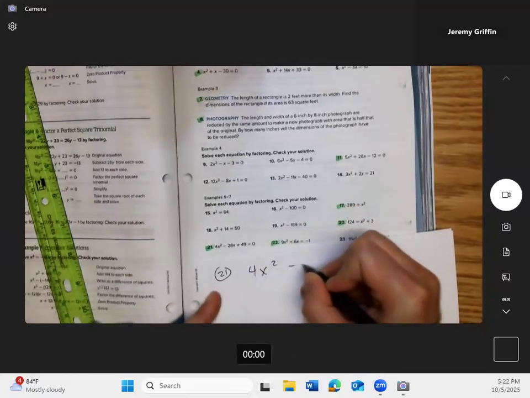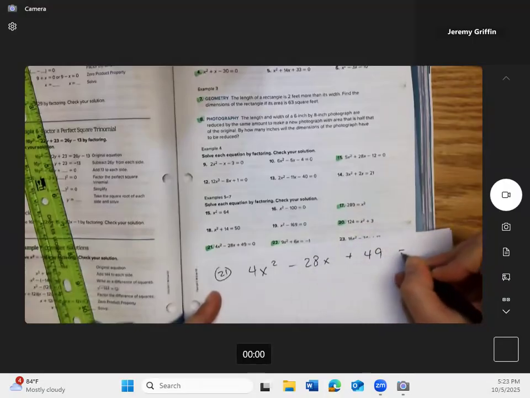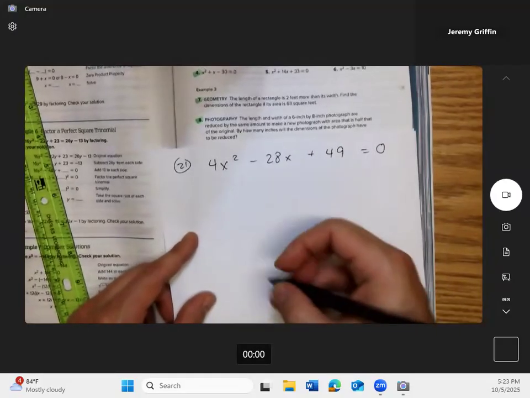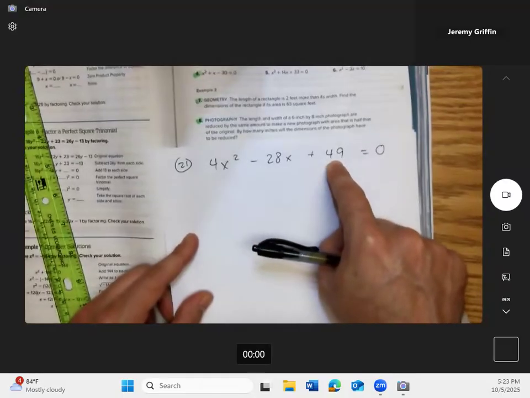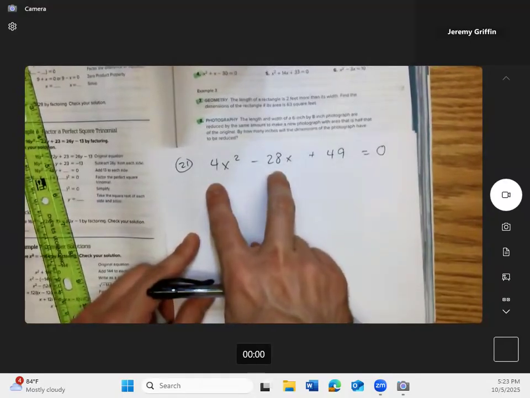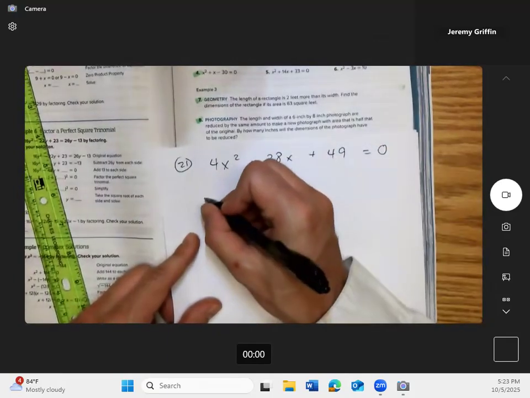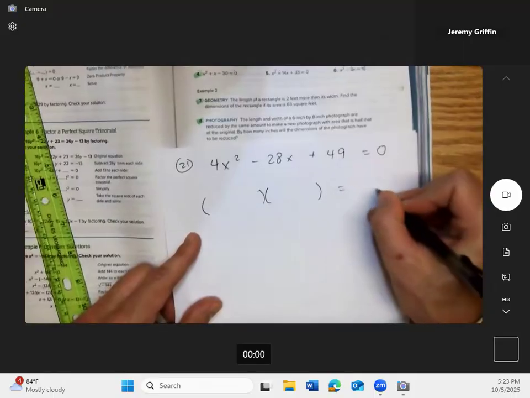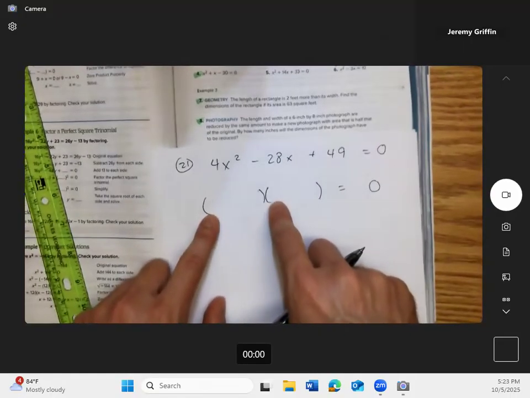We're getting 4x squared minus 28x plus 49 equals 0. Okay. Well, right, 49 is 7 times 7. These numbers are multiples of 4, so that doesn't have anything in common with 7. So I think we're just going to have to straight start guessing and checking. All right. Now, is this 2x and 2x, or is it 4x and 1x?